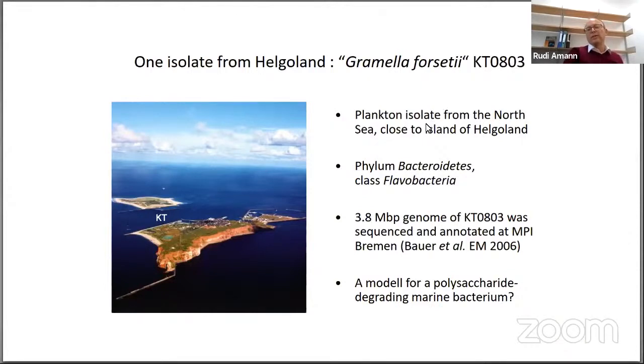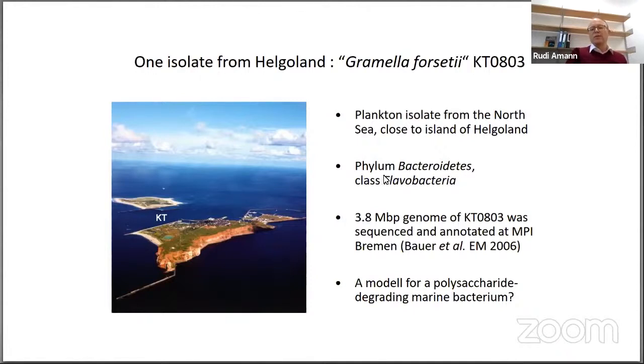So an isolate that we got in March. The plankton isolate of the North Sea close to the island Helgoland was subsequently classified as a member of the Bacteroidetes. Bacteroides is the dominant bacterium in your gut, so a typical gram-negative heterotrophic bacterium.